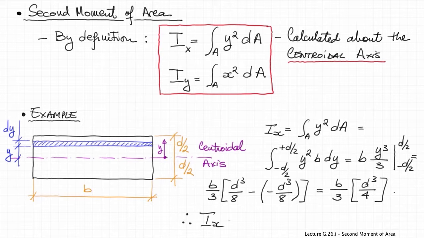In other words, the second moment of area for a rectangular area equals bd cubed divided by 12.